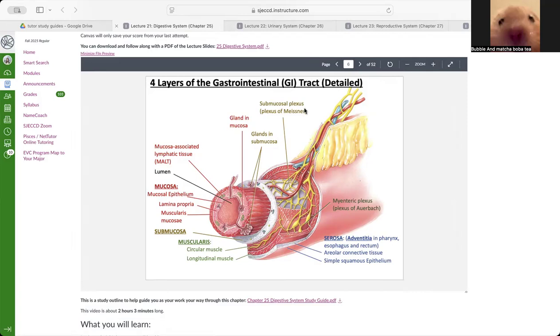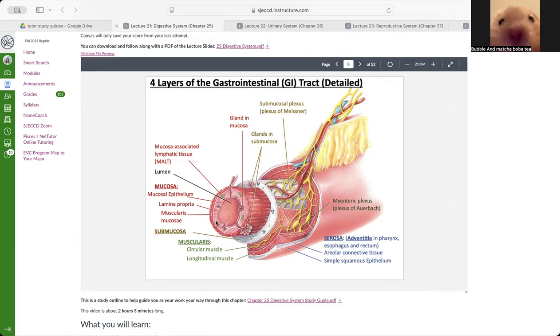For other secretions, it has hydrochloric acid into your stomach and digestive enzymes into your intestines. And there are enteroendocrine cells that secrete hormones into the body. So the body has special cells that sense what is going through the digestive system and put hormones into the cardiovascular system.